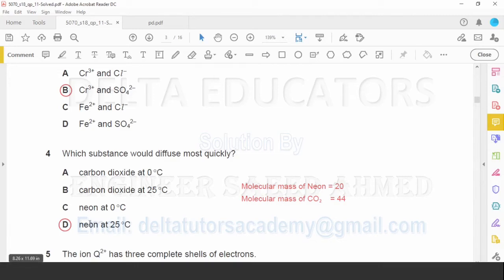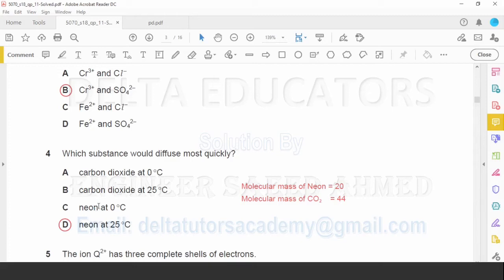Molecular mass of neon is 20. Neon is from the inert gases, so neon is a monoatomic gas. Whatever the atomic mass is, the same will be the molecular mass for neon. So the molecular mass of neon is 20. Molecular mass of neon is less than carbon dioxide, so the rate of diffusion will be more in neon.